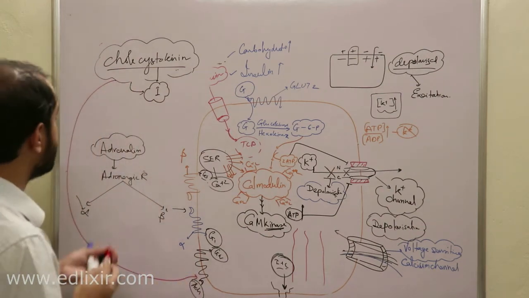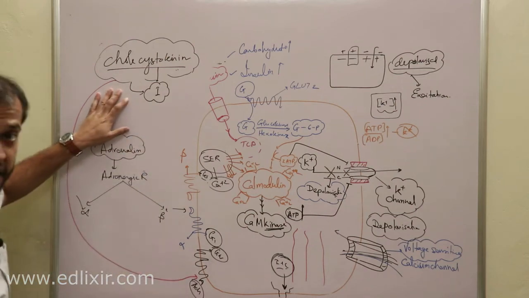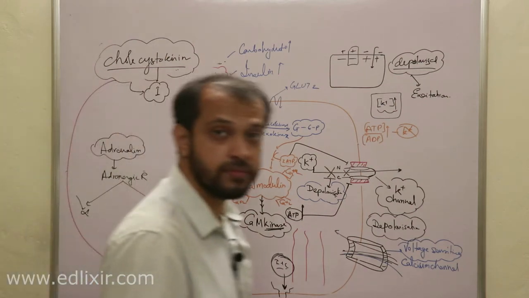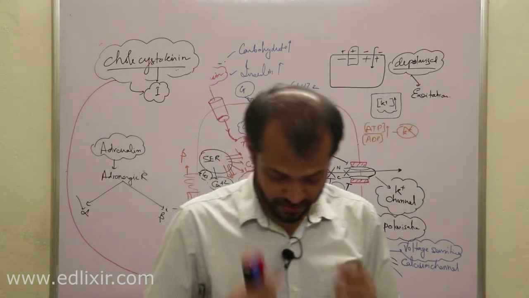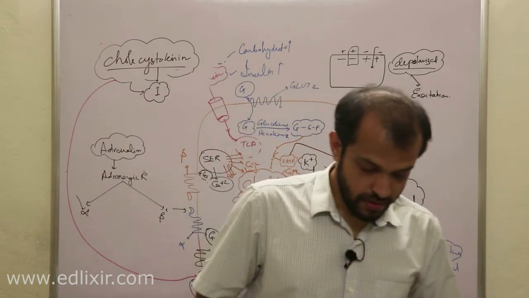That means the receptors to which cholecystokinin binds are also coupled to Gq. Ultimately they will activate CAM kinase. Clear? Okay.